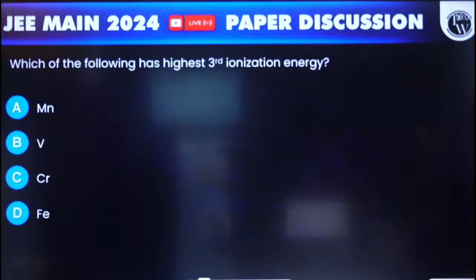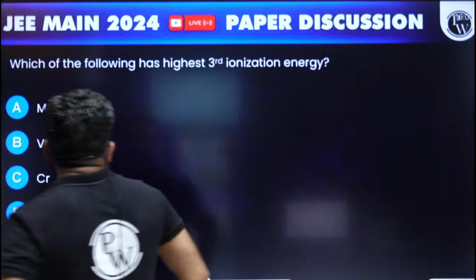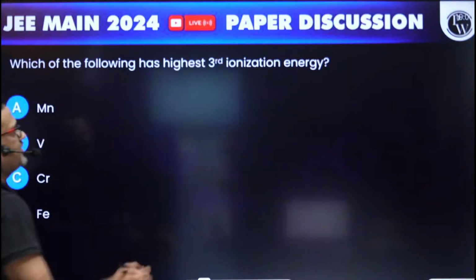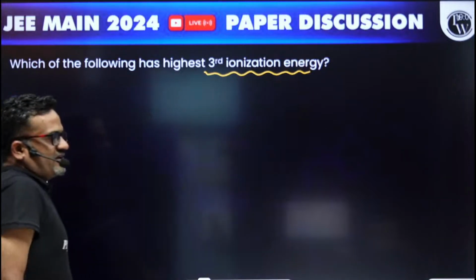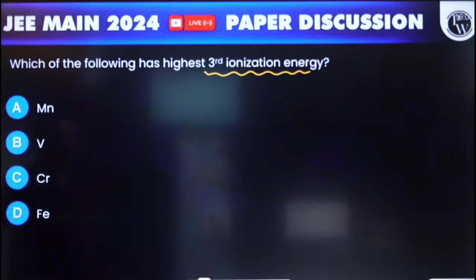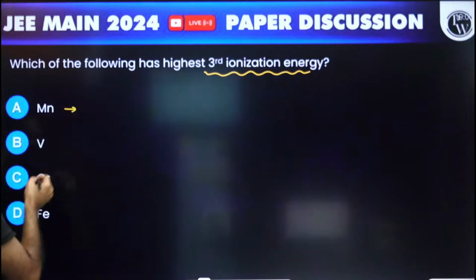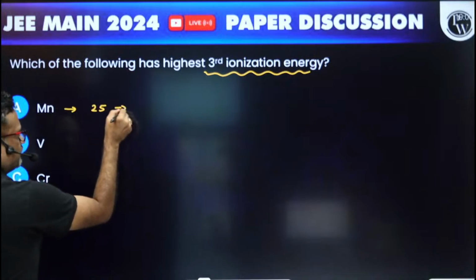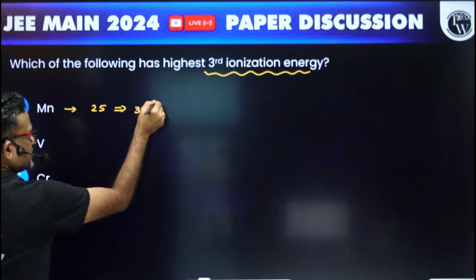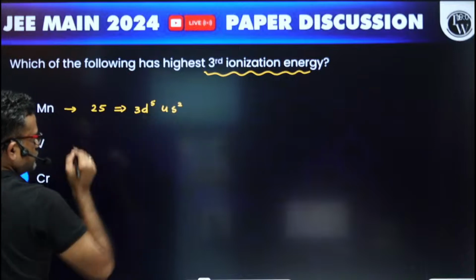Okay. Next, which of the following has the highest third ionization enthalpy? Means what? In which case it is extremely difficult to remove the third electron. If you consider manganese, atomic number being 25, outermost configuration is 3d5 4s2.